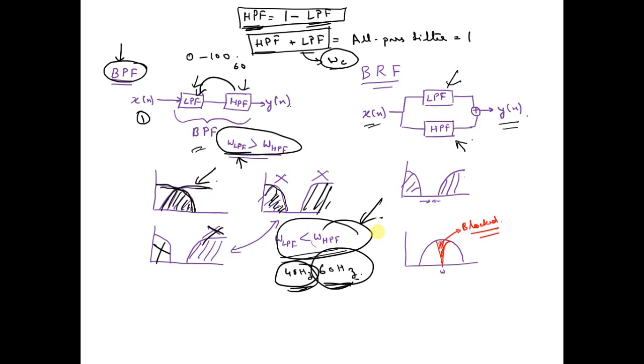That's why we give the same signal to both and later add them. From the low pass filter this component is coming, from the high pass filter this component is coming, and we add the two to get a composite response, wherein there is a region where the frequency components have been totally suppressed.